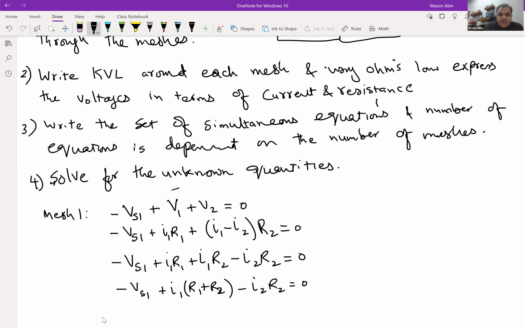This value is normally going to be a constant value, so I want to bring this constant to the other side.